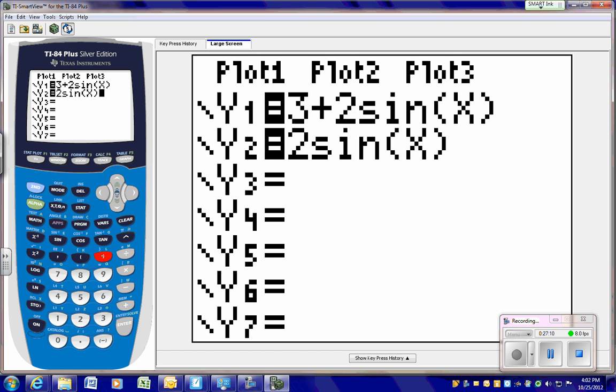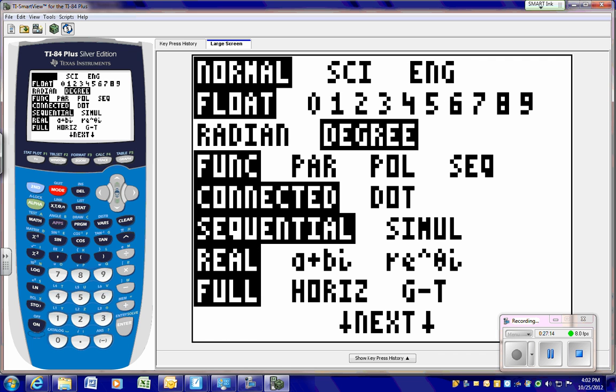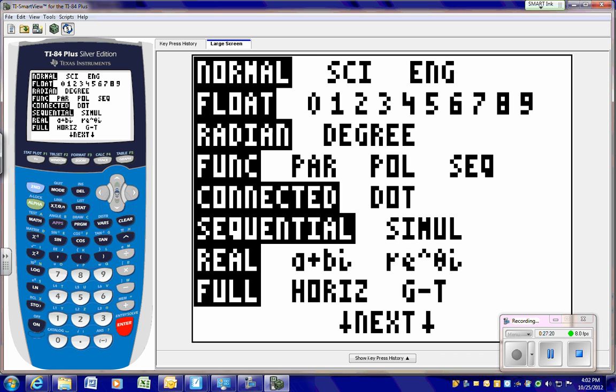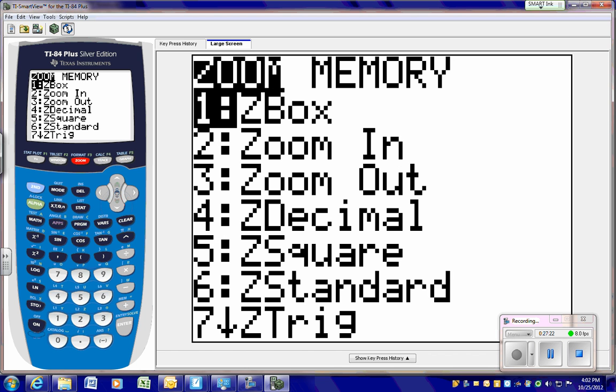I'm going to make sure before I hit anything else that my mode is in radians, which it was not. Here we go. And in the zoom menu, I'm going to pick zoom number 7, which just picks good tick marks to use with trigonometry, okay? So I'm going to just type a 7 right now.